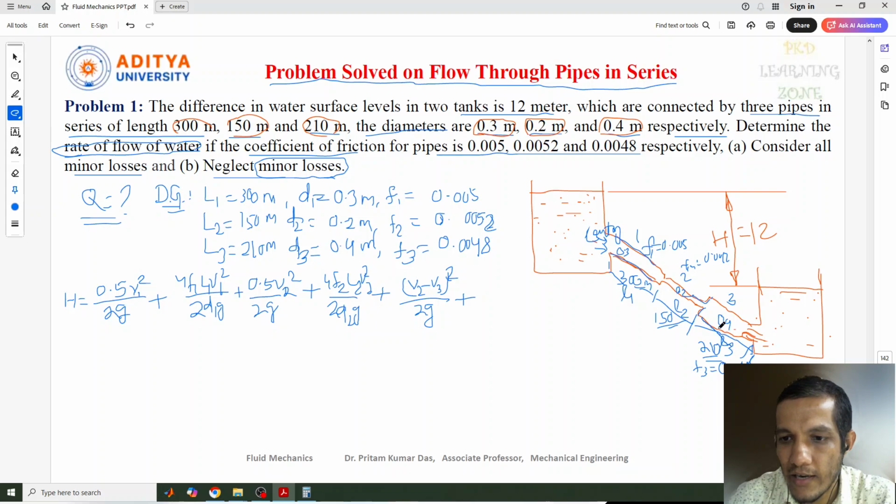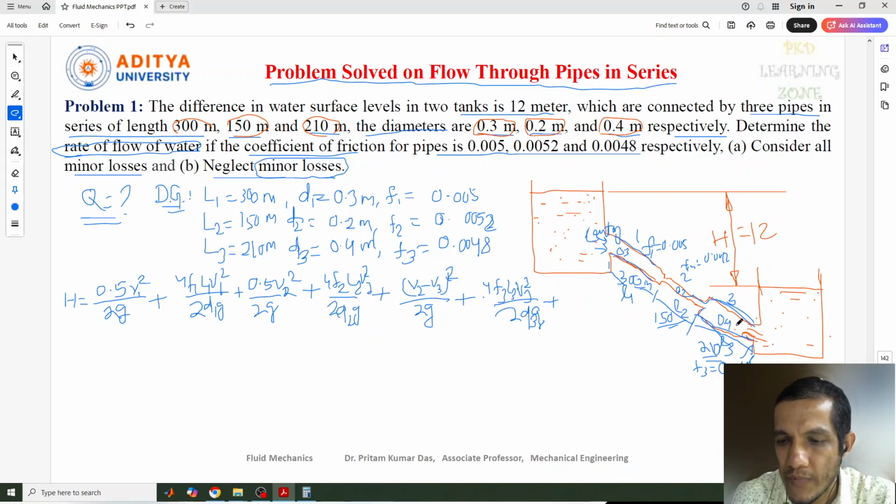Then after that, again there is pipe flow, so we can write the major losses. This major loss we can consider similarly as 4F3 L3 V3 square by 2D3G.